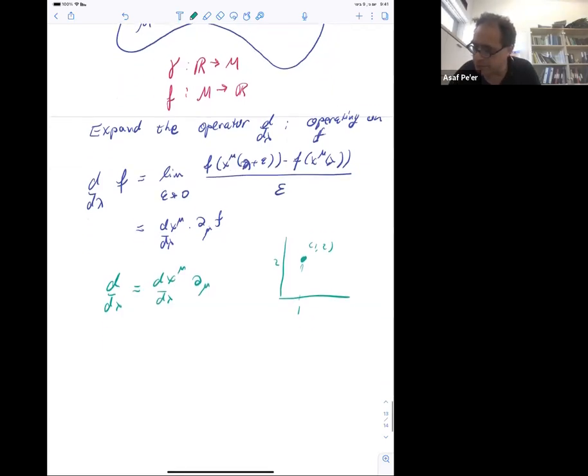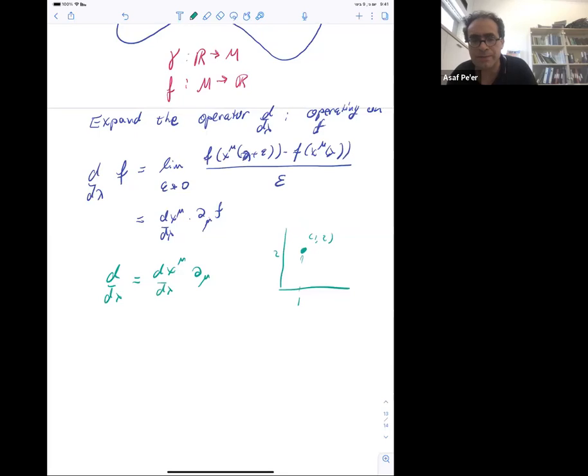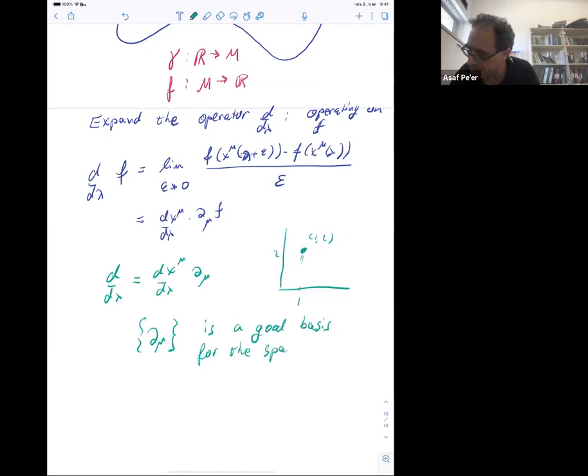The reason I wanted to do that is to show you that ∂_μ, or d over dx^μ, is a good basis for the vector space of directional derivatives.